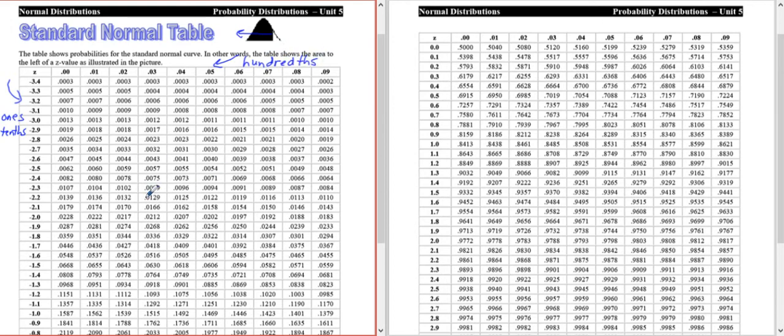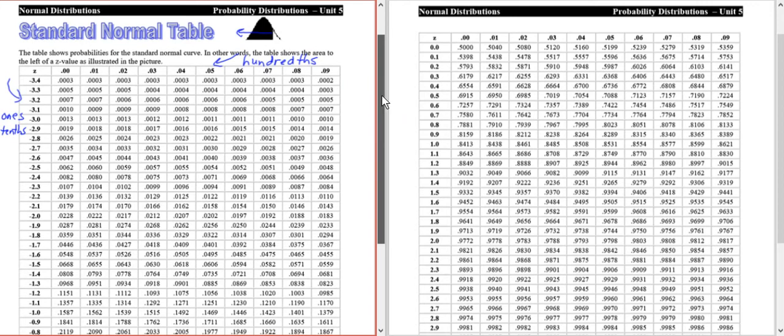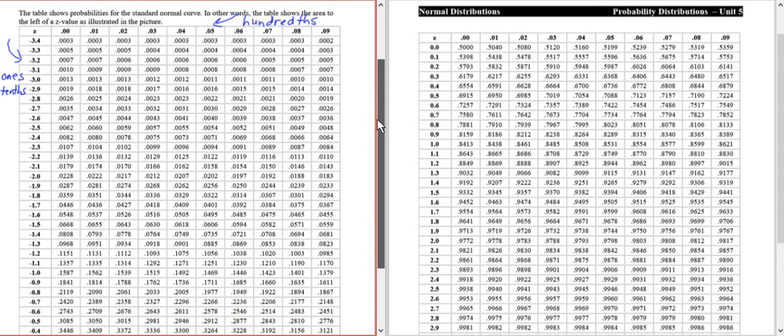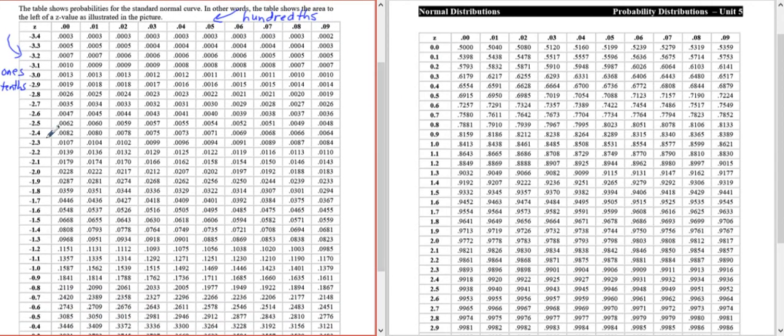The table on the left represents the negative z-scores. The table on the right represents the positive z-scores. Our z-score was negative 1.33. So the ones digit is negative 1. The tenths digit is 3, so we're looking along this row right here. And the hundredth digit is 3, so we're going to look at this column.